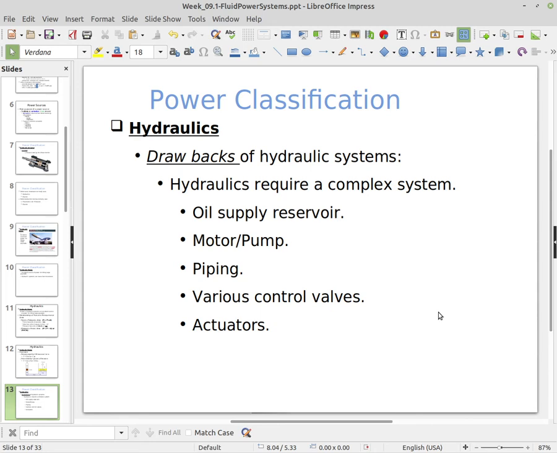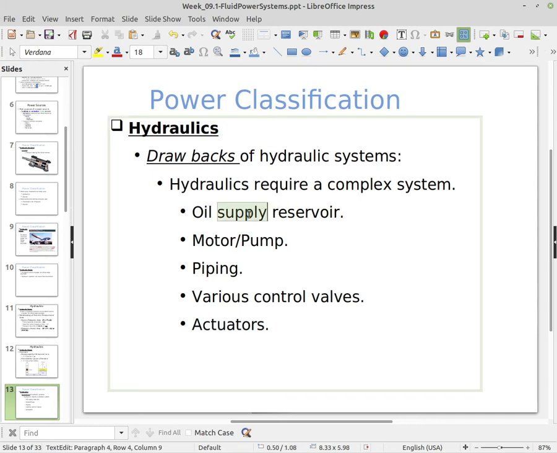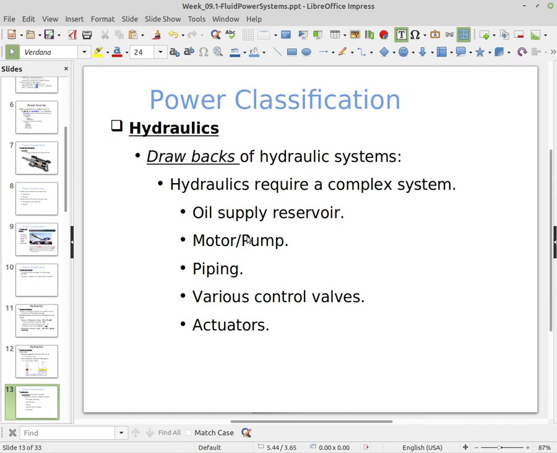Okay, some drawbacks of hydraulic systems. Hydraulic systems are very complex. They require an oil supply reservoir, so you've got to have a large reservoir to supply the oil when you need it, and to put it back as you're returning the system.